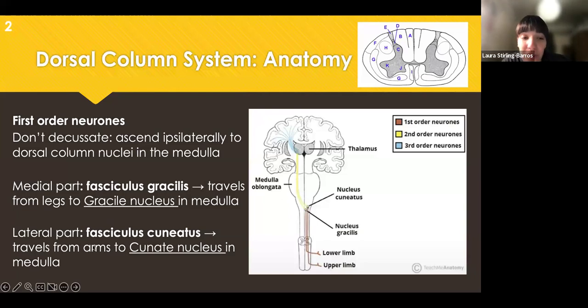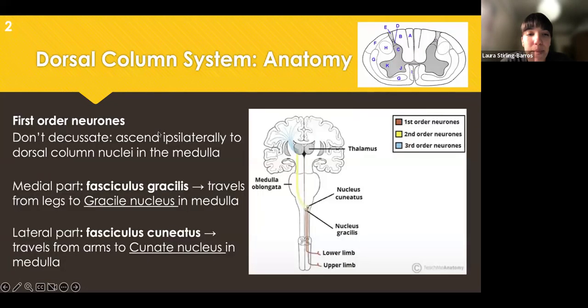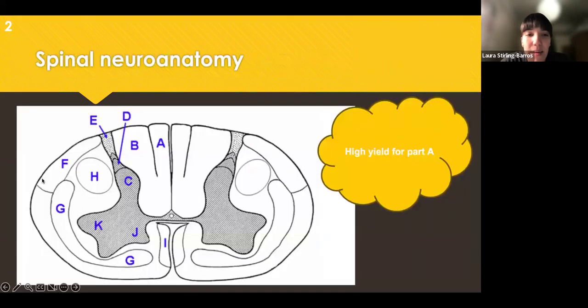Whereas the lateral part of the column carries the information from the arms, which goes from the fasciculus cuneatus to the cuneatus nucleus in the medulla. So just to explain this, as we said, the medial part has the gracilis, and the lateral side is the cuneatus. Gracilis is for the legs, and cuneatus is for the arms.